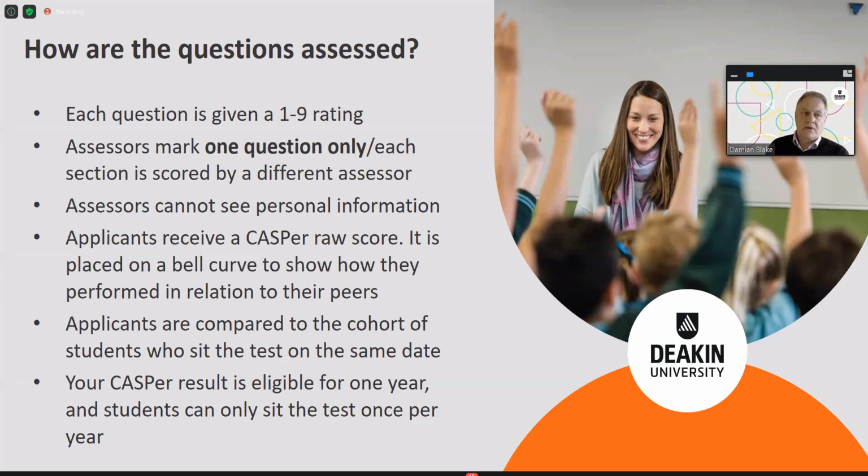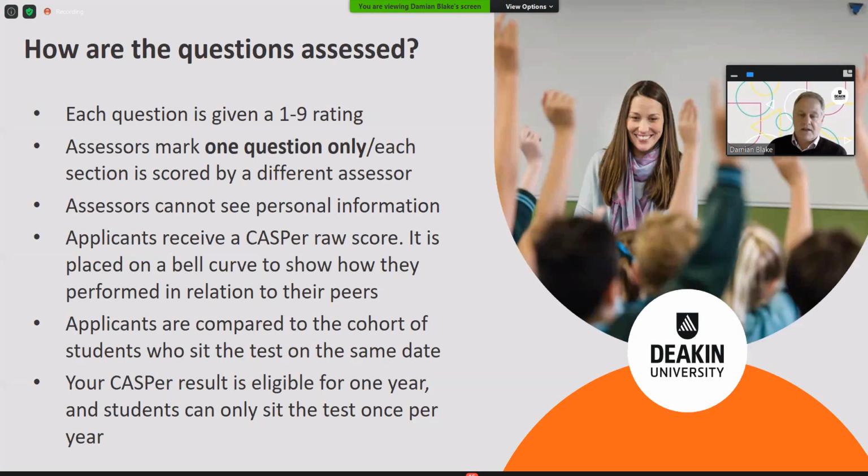Terrific. And we've also got a question about how the test is graded. Just to respond to that question, remember the assessors are trained to mark each of the questions in the CASPer test, and then you get a rating between 1 to 9, as Jo was just talking about. And then all of the results for that cohort that have gone through the CASPer test are put onto a normal distribution curve, or a bell curve as it's often called.